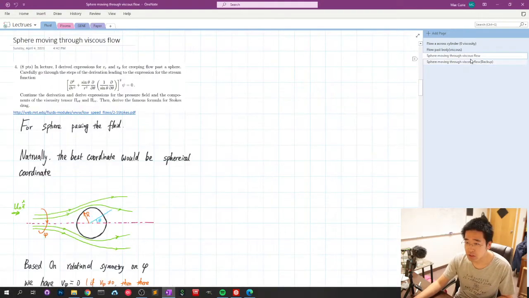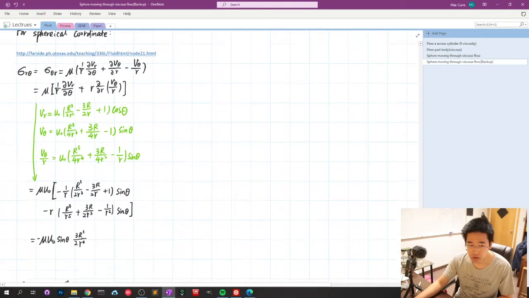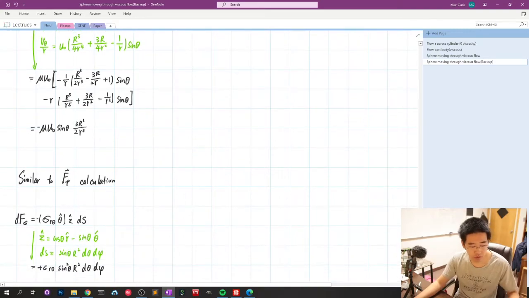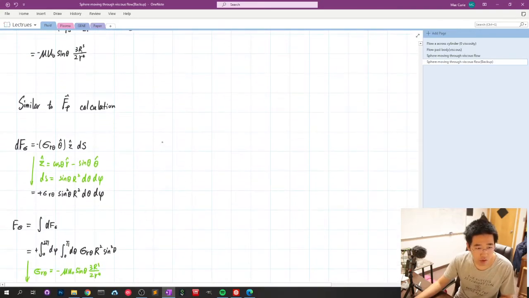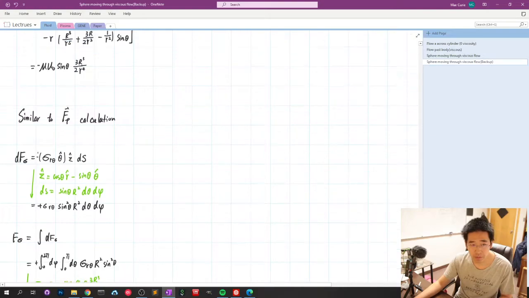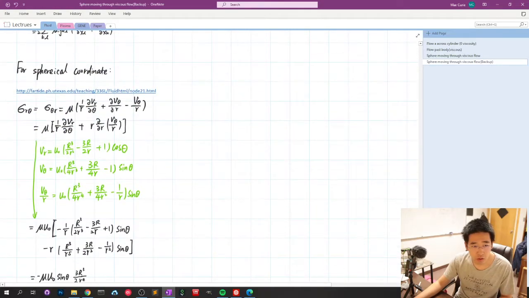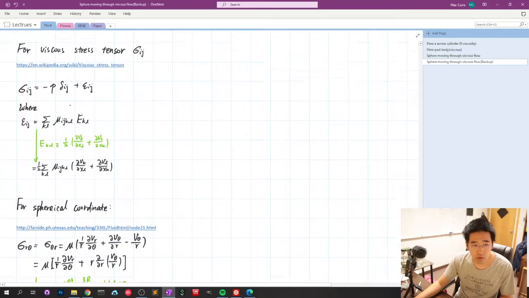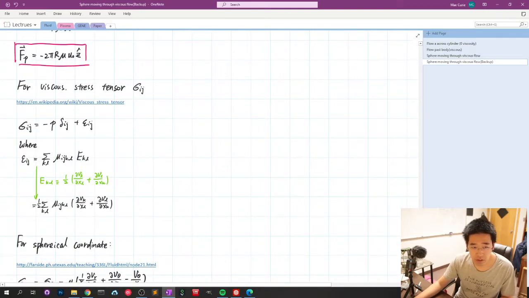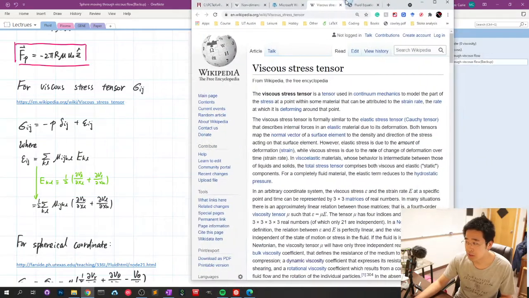So for the viscous stress tensor, you can check on Wikipedia.